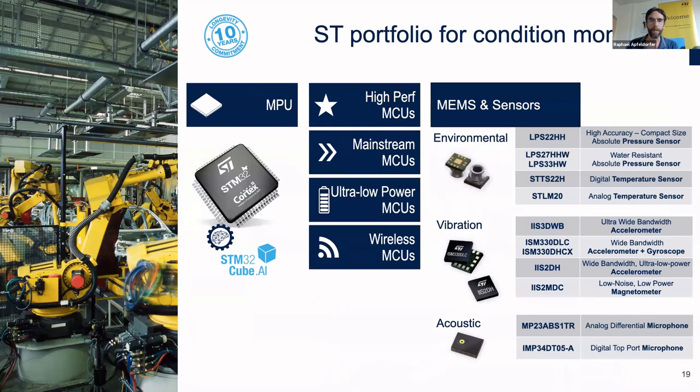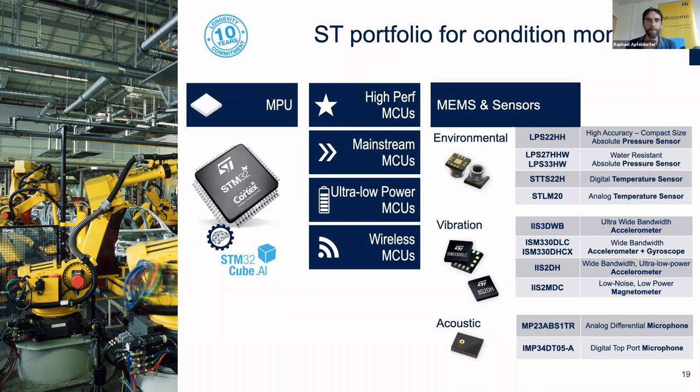Typically in this range, you would find microprocessors for the industrial gateways, like the STM32MP1, which is a dual Cortex-A7. We also have a wide range of MCUs suitable for industry, from the high performance MCUs where you need best-in-class system performance and some hardware acceleration for DSI, motion JPEG, this type of thing, or even LCD screens.